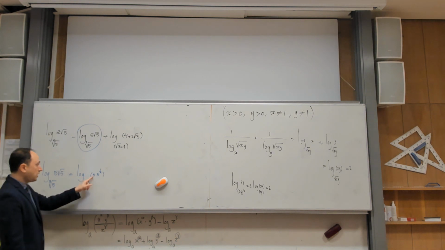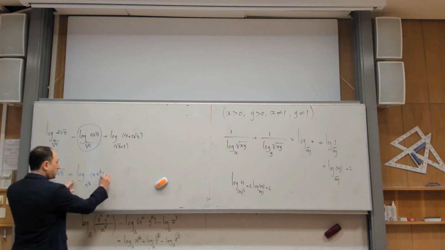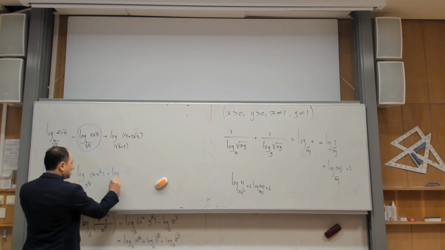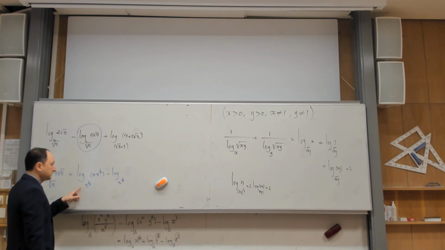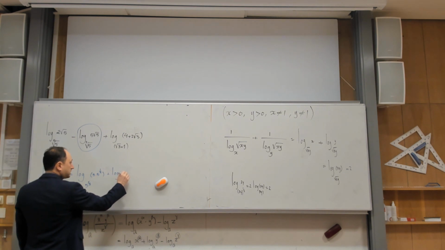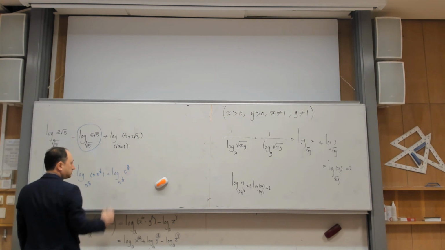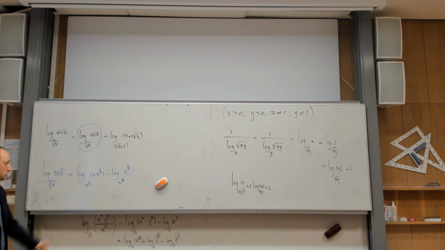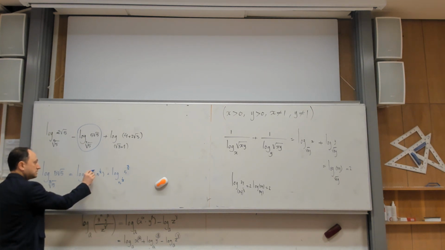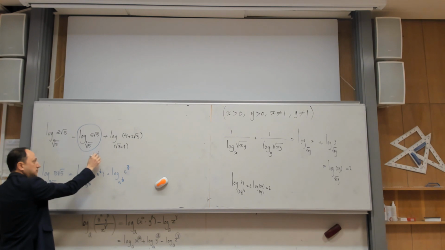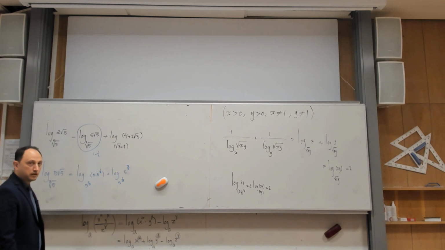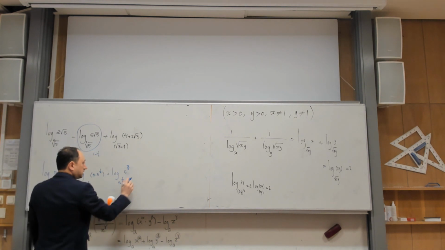Then for the time being, don't be in a hurry and keep it here. But then, do you agree if I write 3/2 here? Yes? Because the power that is not written here is 1, and this is 1/2, and I add them, it becomes 3/2.